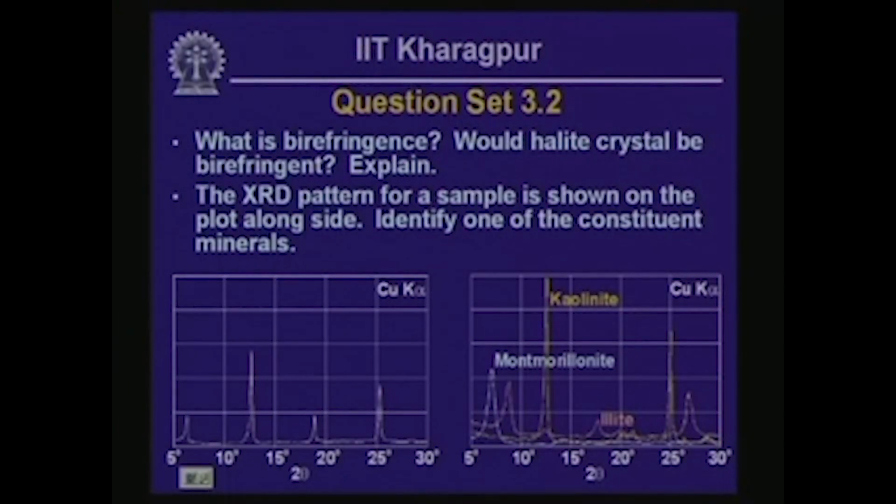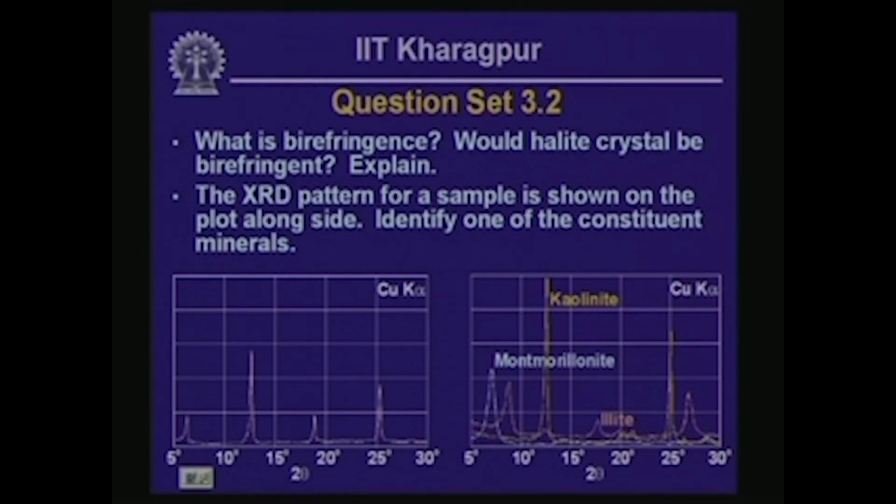Now, birefringence is an optical characteristic by which there is a double refraction of a waveform of electromagnetic waves that tries to cross a mineral crystal. The second part of the first question was whether you would expect a halide crystal to be birefringent.